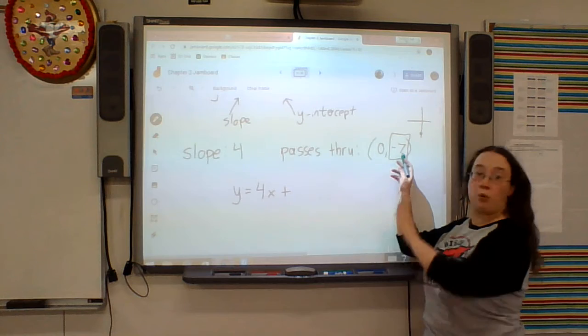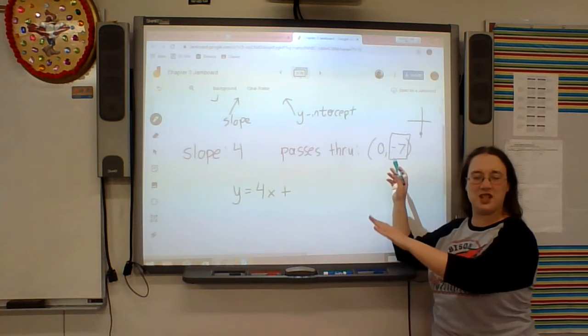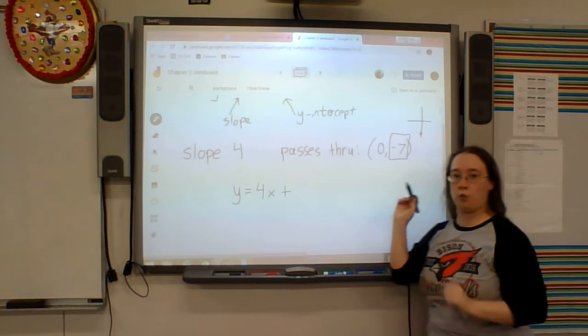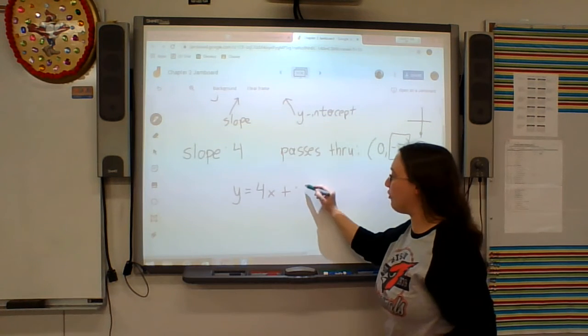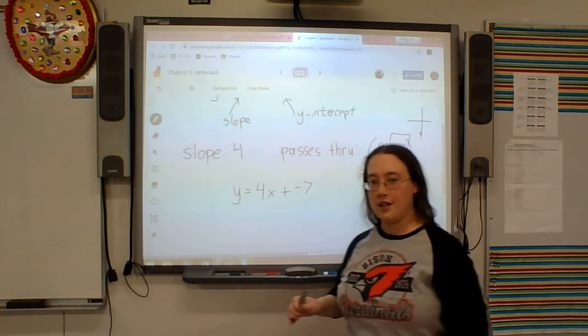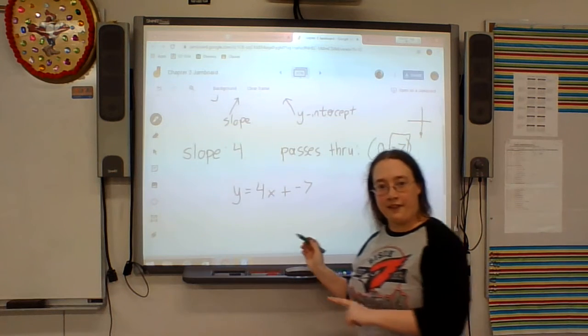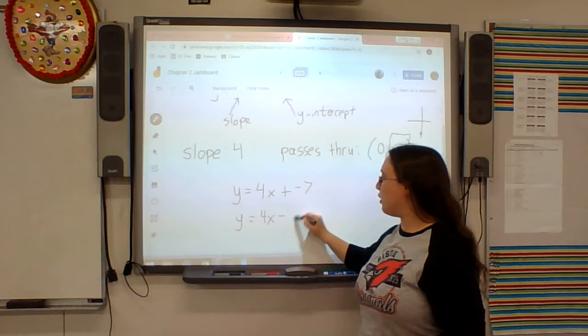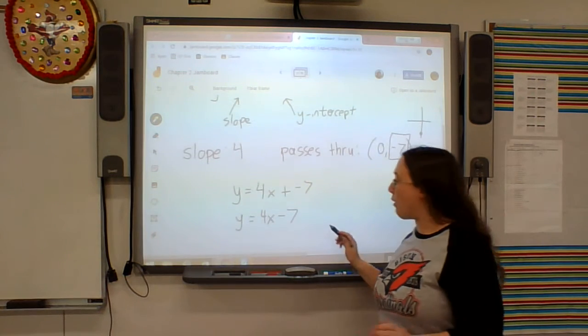This is the part of our point that we're actually interested in. We're not really doing anything with the 0 other than using it to say that this is our y-intercept. So that -7 goes here. You could write it like that, or if you prefer, y equals 4x minus 7 would also be fine. So either or.